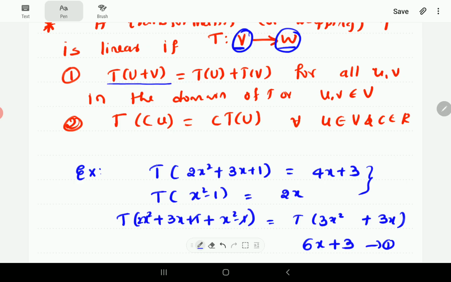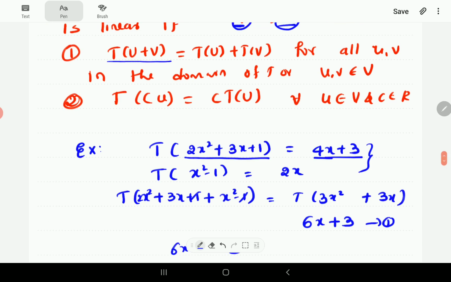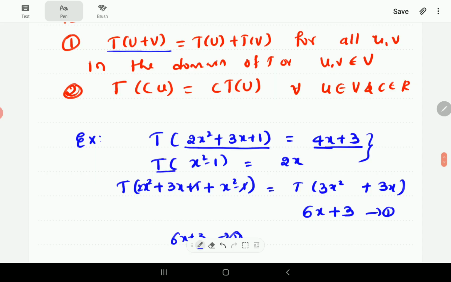My T is a differentiation function. T of 2x square plus 3x plus 1: the derivative of 2x square is 4x and of 3x is 3. Now let me take another function, T of x square minus 1. The derivative of x square is 2x and the derivative of 1 is 0, so it is simply 2x.